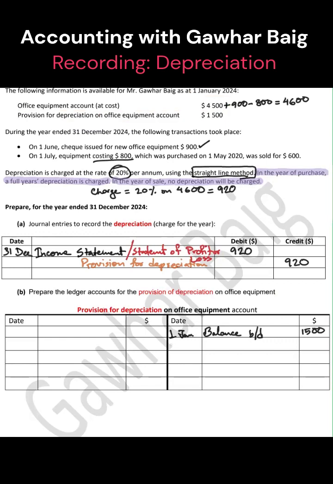Then at the end of the year, 31st December, we record the charge for the year, which is income statement. We already did the journal entry here, $920. The new terminology for income statement is statement of profit or loss.